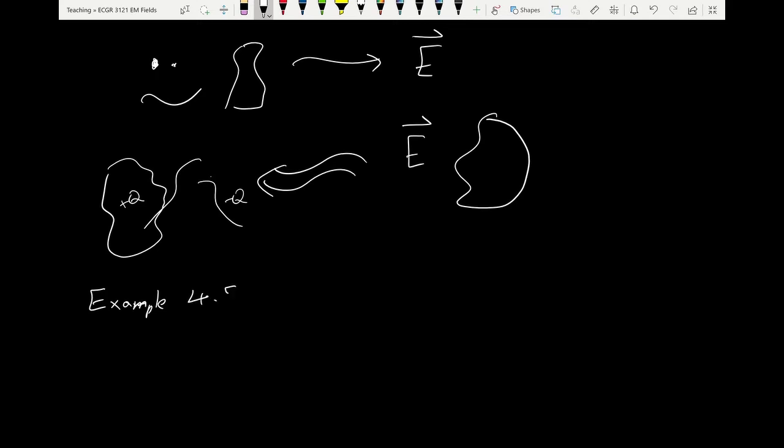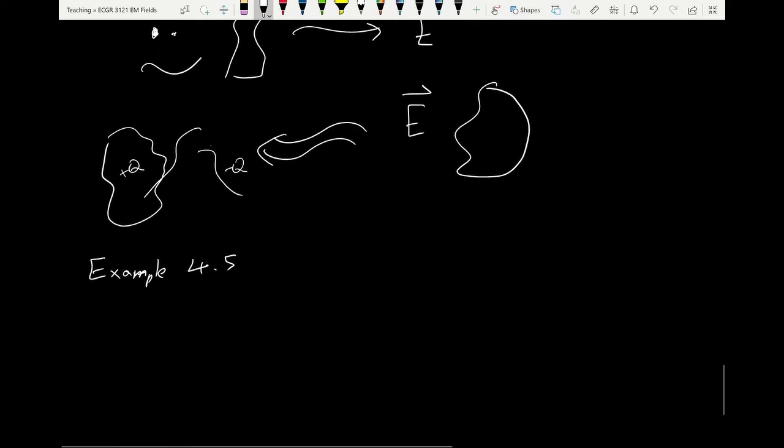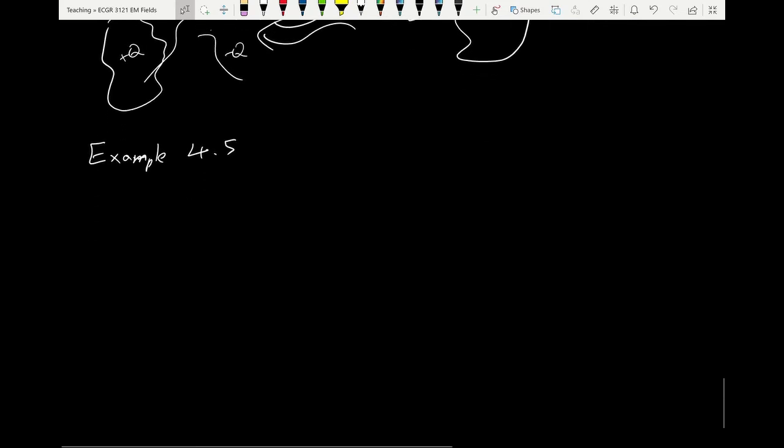So let's see, what does the example say? It's an application: electric field intensity and charge density in and around a thundercloud. And like everything in physics, this is simplified, so the assumption is that it's a spherical cloud, a cloud that looks like a sphere.